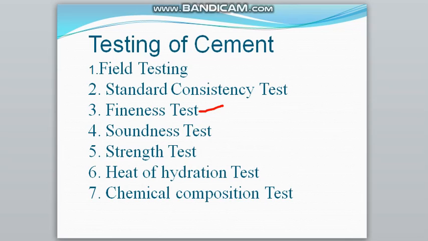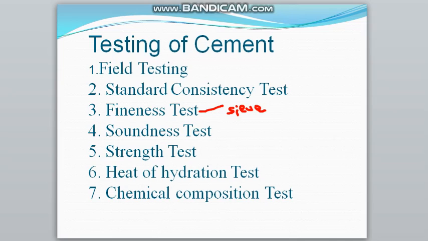Fineness can be determined by the sieve test or the air permeability test. In the sieve test, the residue left on the sieve should not exceed 10% for ordinary cement. Another test for fineness is the air permeability test, called Blaine's air permeability test.